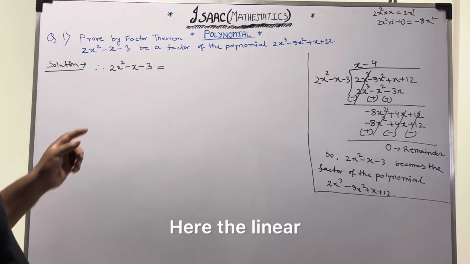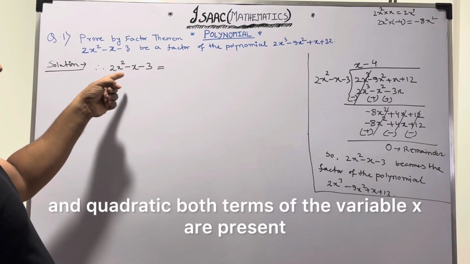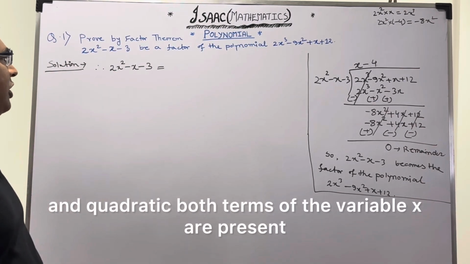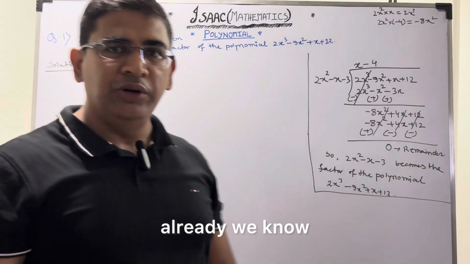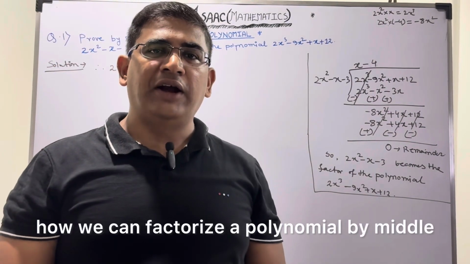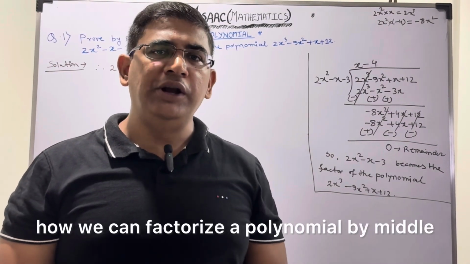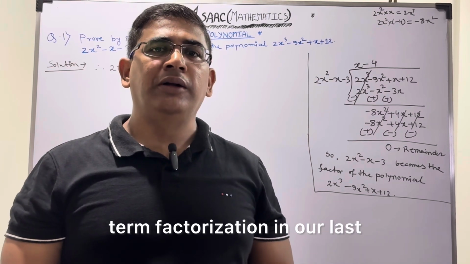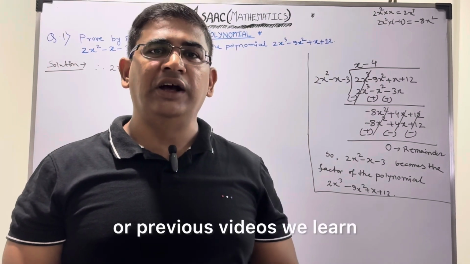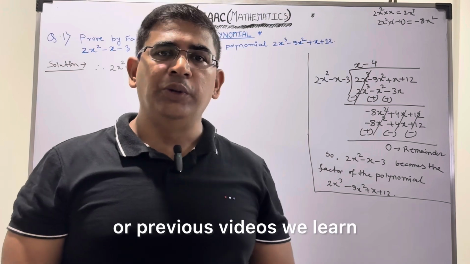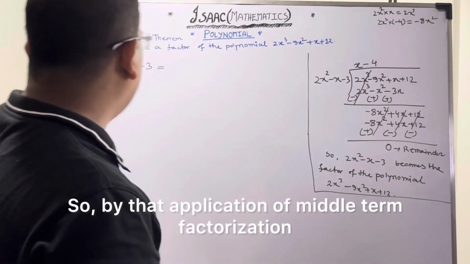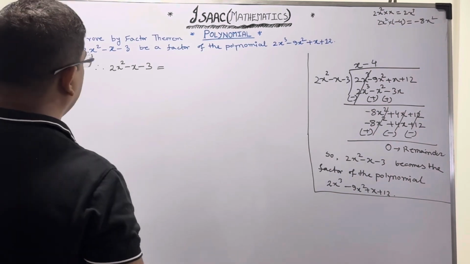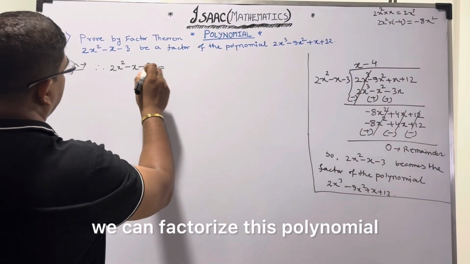Here the linear and quadratic terms of the variable x are both present, so we can apply middle term factorization. We already know how to factorize a polynomial by middle term factorization, as we learned in our previous videos.